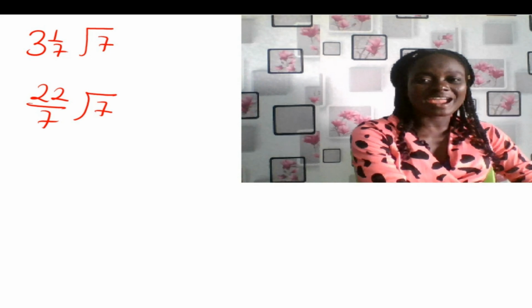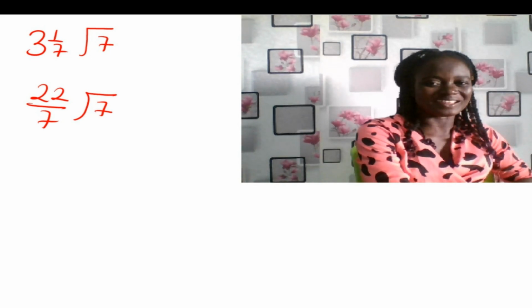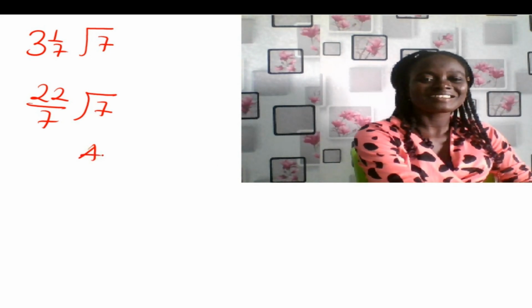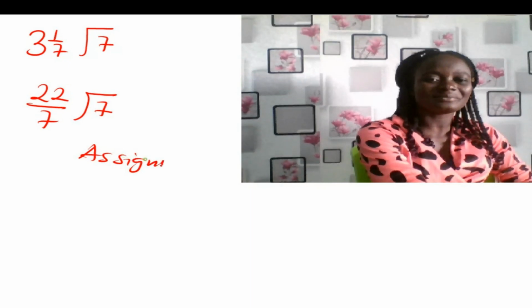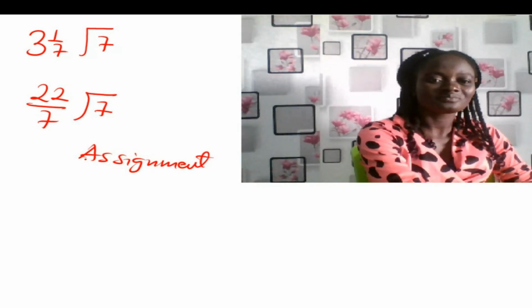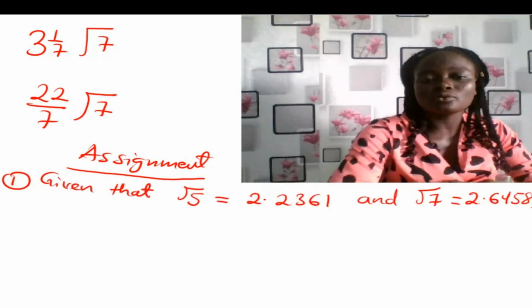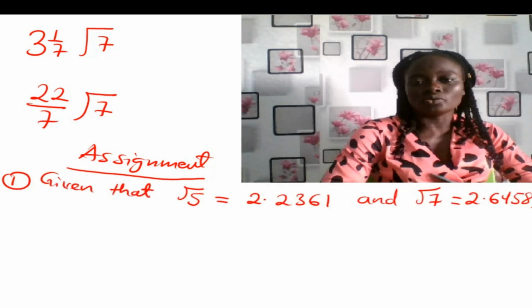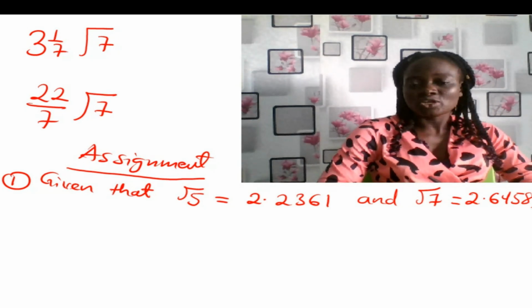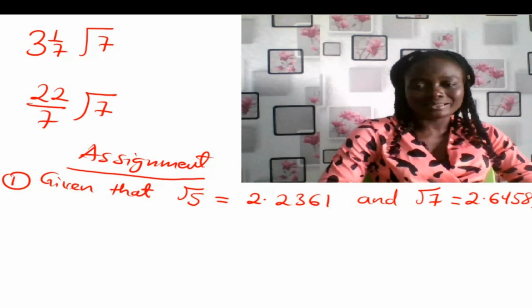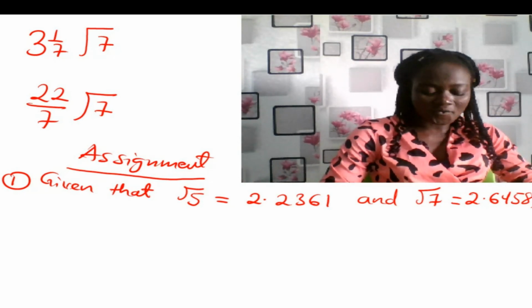Now let's pick an assignment. Assignment number 1. Given that root 5 is equal to 2.2361 and root 7 also equal to 2.6458.